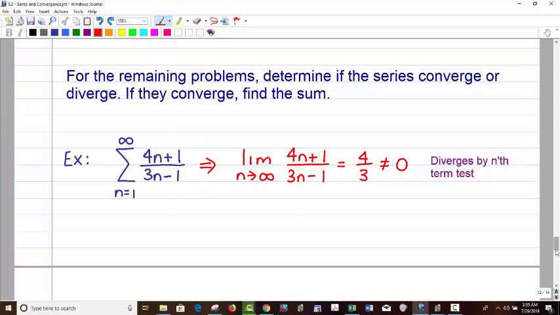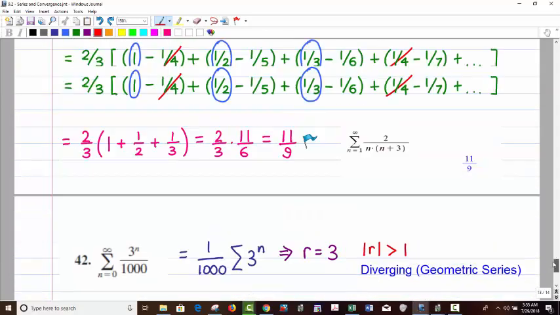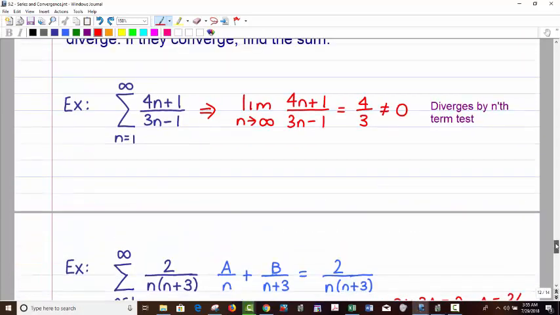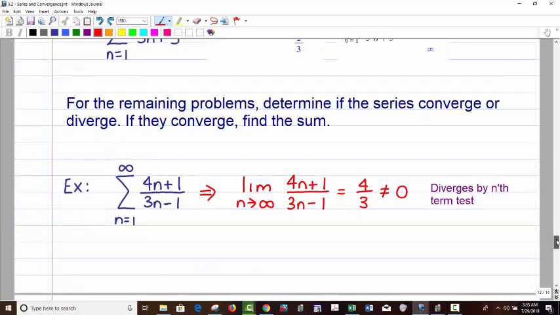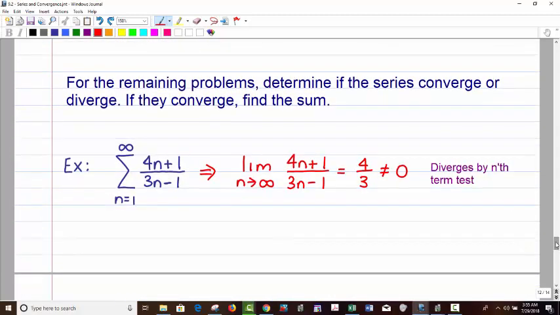Let me see if I mentioned this in the notes. If not, I'm going to say it verbally. I'll probably say this in the next section of notes, but let me say this now too, it doesn't hurt. The only series that we're going to care about what the sum actually converges to are telescoping and geometric.